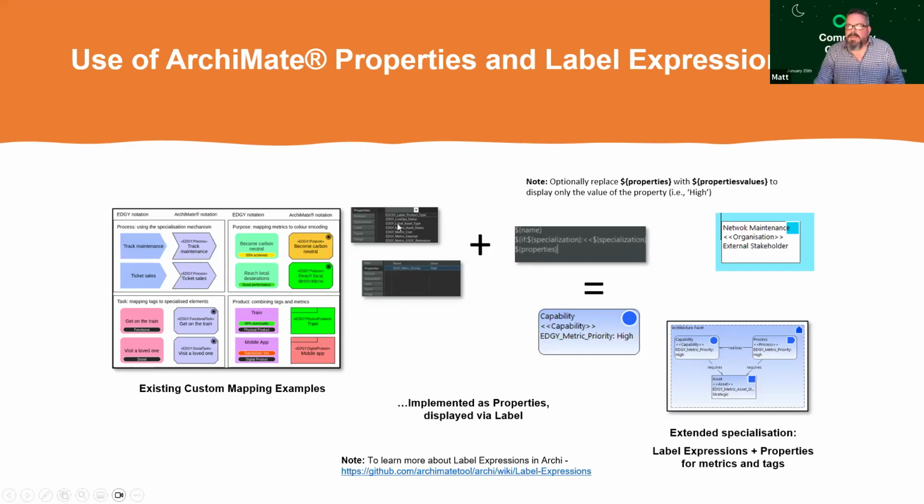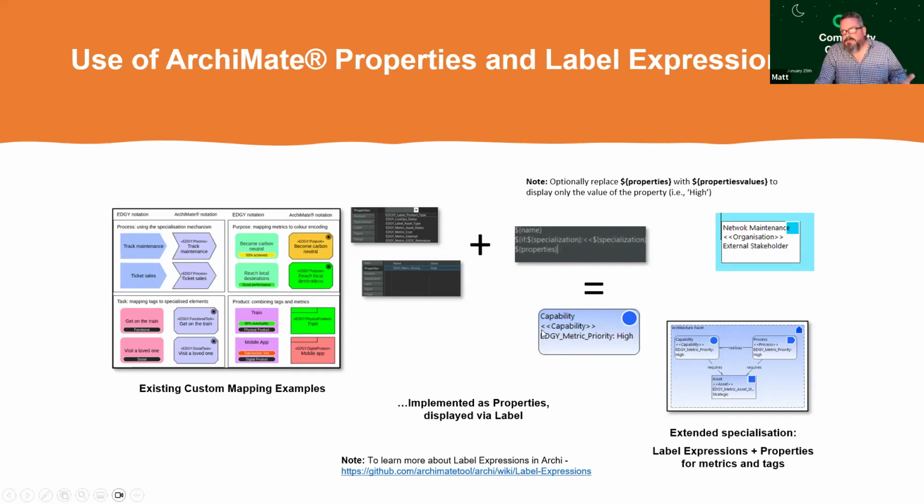So I then have set up a number of properties which are either implementing a metric that I'm using or a tag to identify internal or external stakeholder, etc. I then wanted to display those so I can easily look at an element and see which metrics or tags are applied to that element. So I've used the expression within the label there, and I can actually have it now displayed on an element.